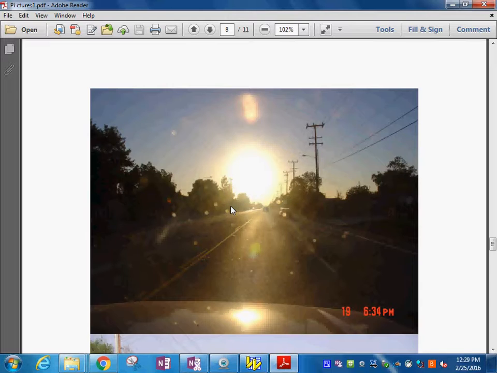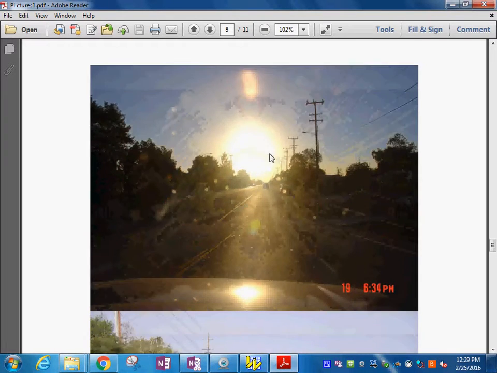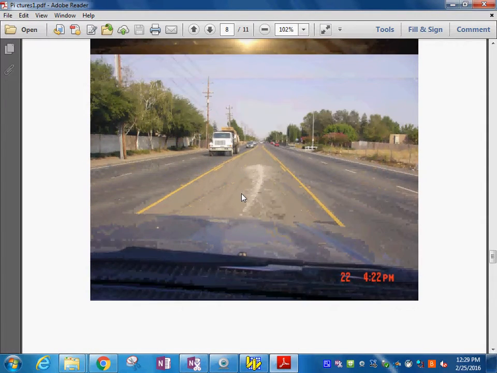This is a picture taken from the middle, a few days after. You notice there is a skid marking here.